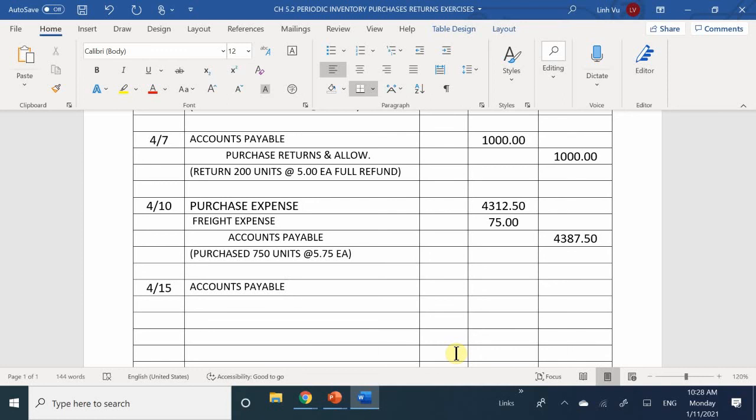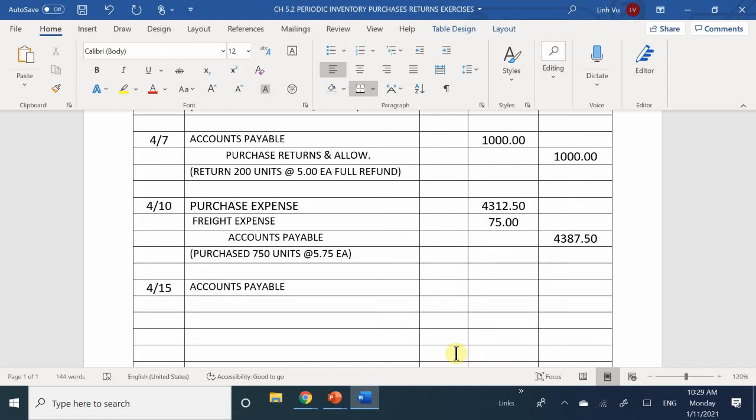Now, here's another rule of thumb: usually the return or the allowance happens within the same week or within a couple days of your previous purchase. I'm not sure it's very common for a lot of people to dip into the same original purchase and start returning left and right from that one. Oftentimes, that's not the case.